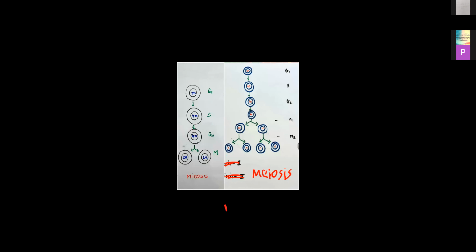In this process of mitosis, DNA replication happened and then the cell divided only one time. बाद में नया cycle start हो जाएगा. In another case, that is in meiosis, DNA replication occurred once and cell division occurred twice back to back.